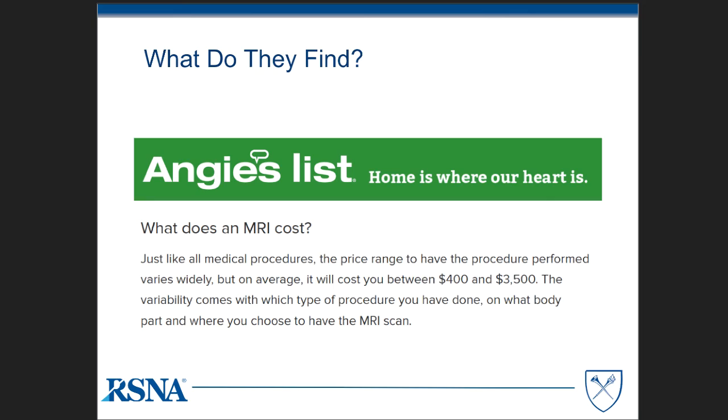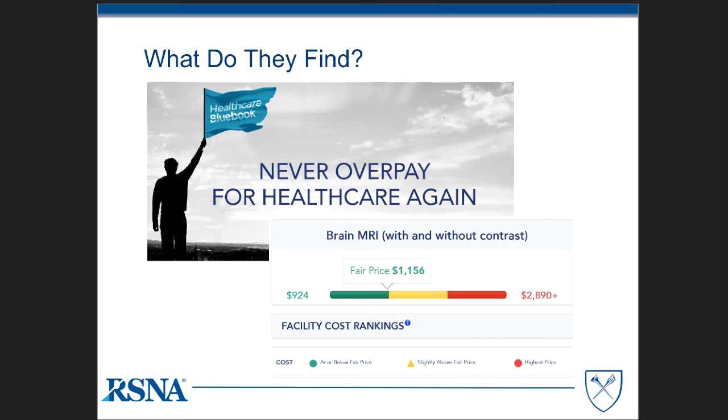Angie's List, for example, gives a pretty broad range of prices and doesn't break them down by body part or type of insurance. The Healthcare Blue Book provides cost rankings, but it's not really clear, at least to me, how one determines a, quote, fair price. Are those list prices, paid prices, insurer payments, or patient copays? I don't know.